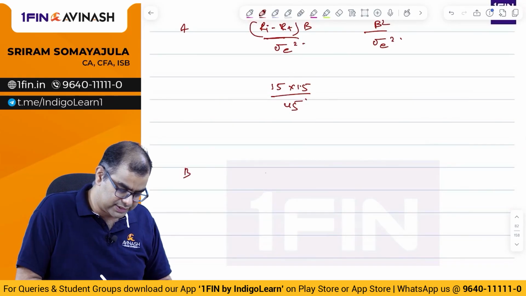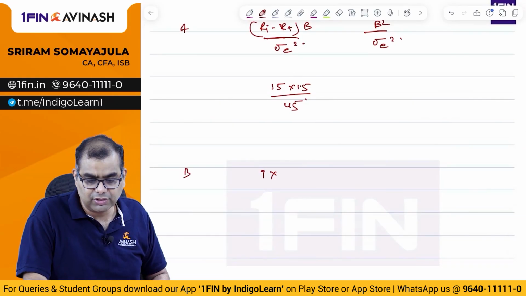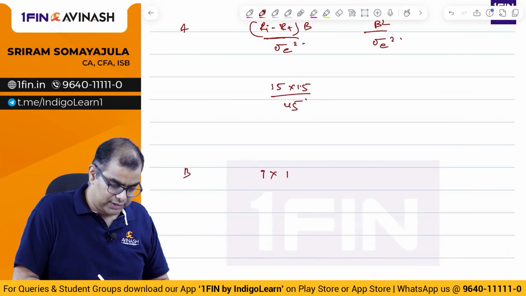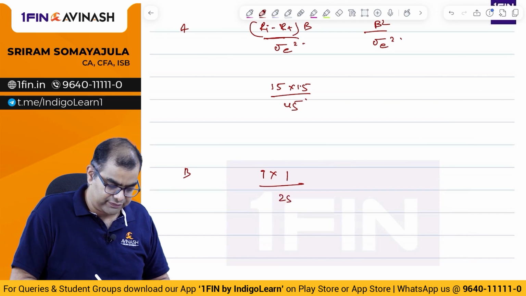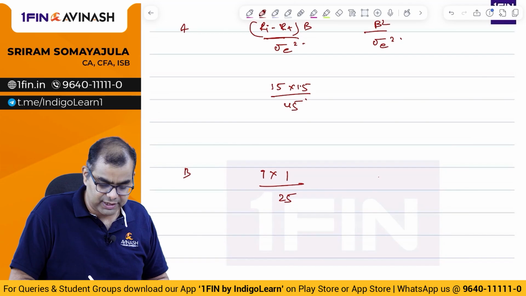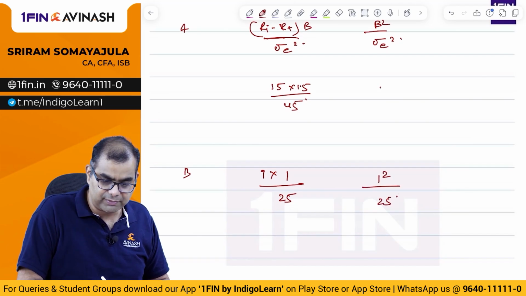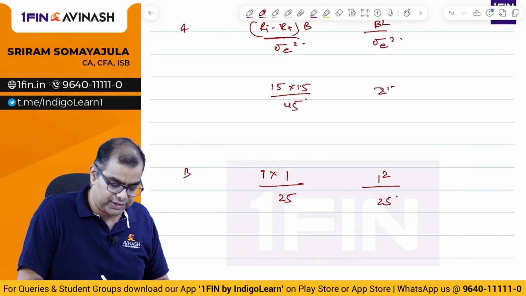For B, it is 9 into the beta value, which is 1, divided by unsystematic variance of 25, and the second part is beta square, 1 square by unsystematic variance, which is 25. Here beta is 1.5, so it is 2.25 divided by unsystematic risk of 45.